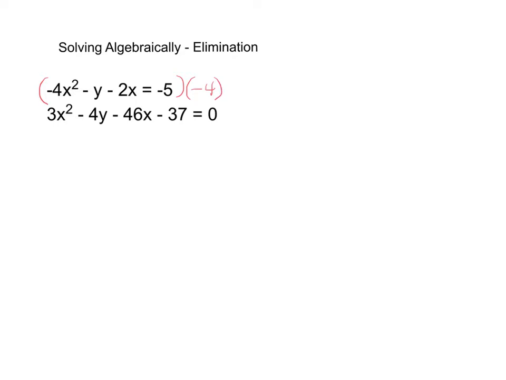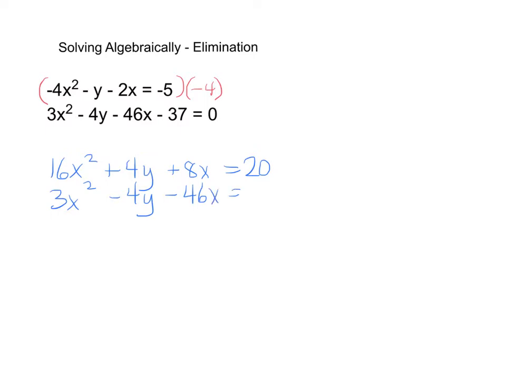So when we do that, I get 16x squared plus 4y plus 8x equals 20. And the other one, I'm going to keep it the same, except I'm going to move that negative 37 over and make it positive on the other side.